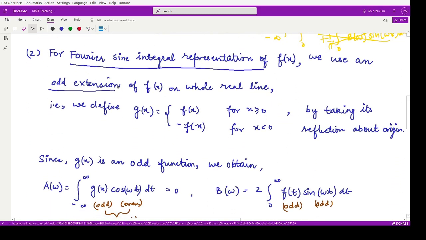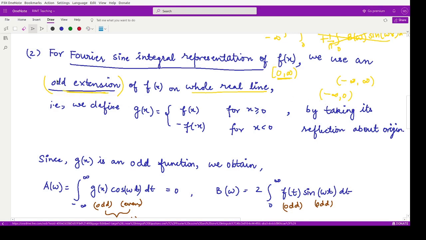Next, for the Fourier sine integral representation, we will again use the odd extension in place of the even extension for the whole real line. Our function f of x is defined on 0 to infinity, but now we extend it to the interval minus infinity to infinity such that on 0 to infinity its behavior is the same, but from minus infinity to 0 it behaves as an odd function.